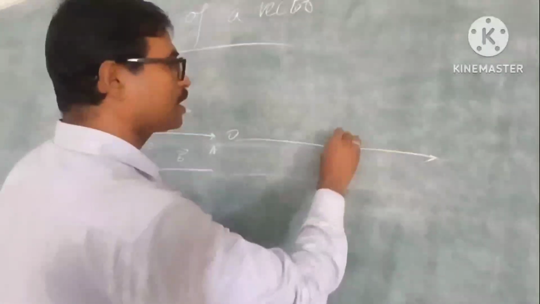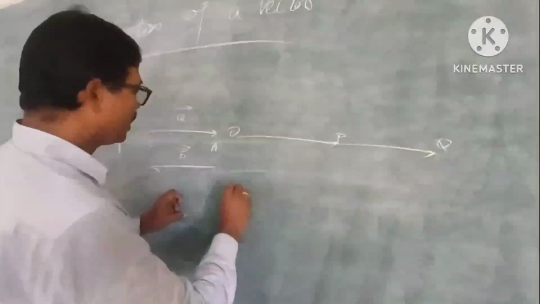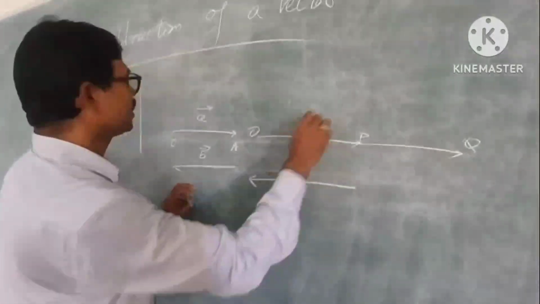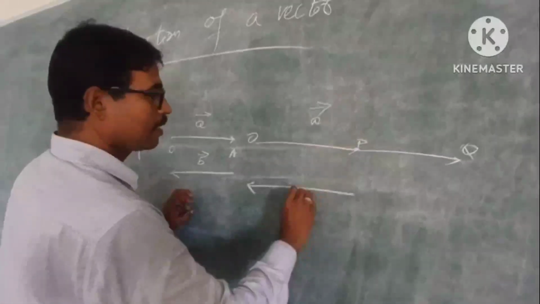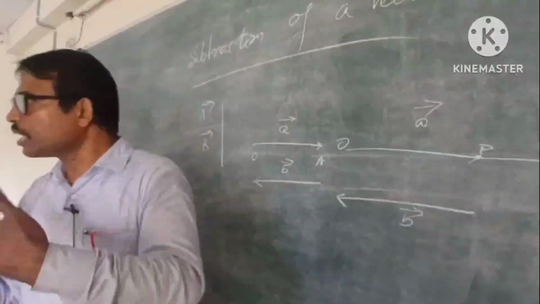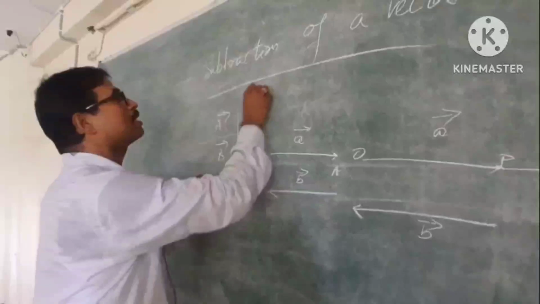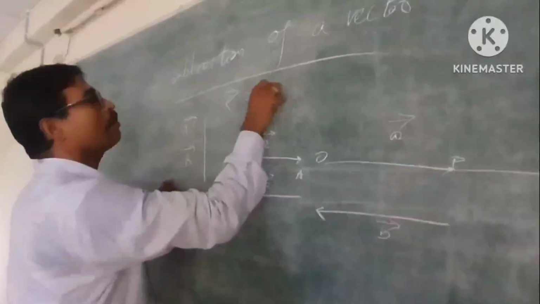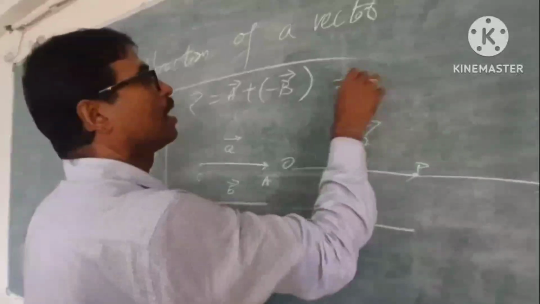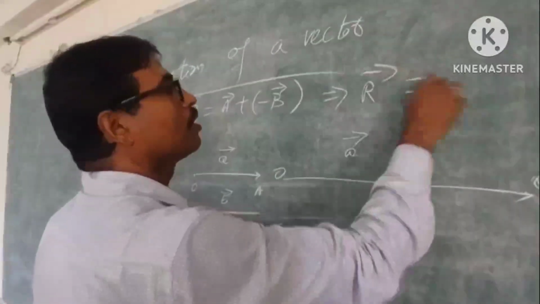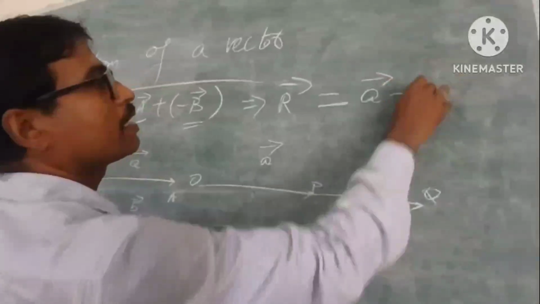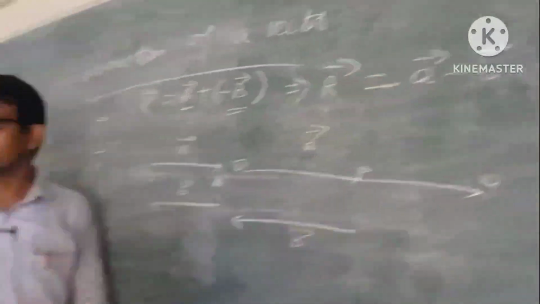Suppose it is O, P, Q. After drawing this, how can you subtract? Suppose the resultant is R. So R is A plus minus B, and you will get R equal to A minus B. This is the process of subtraction of a vector.